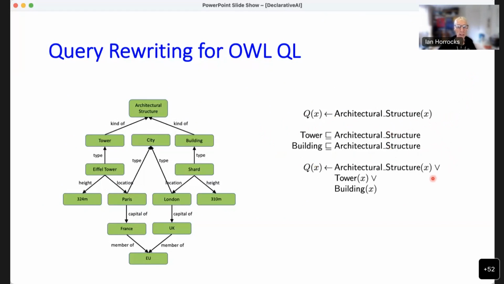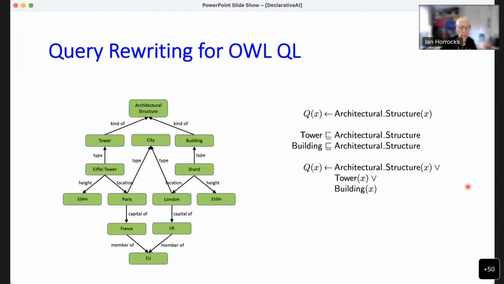And we expand the query by saying, well, if we need architectural structures, then we also need towers. We do a bit of backward chaining there. And similarly, we also need buildings. So we expand the original query into this union query that returns all of the architectural structures, all of the towers, and all of the buildings.